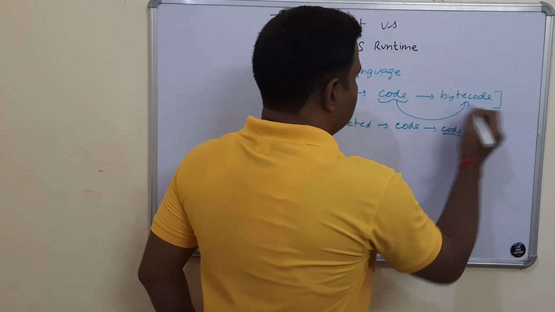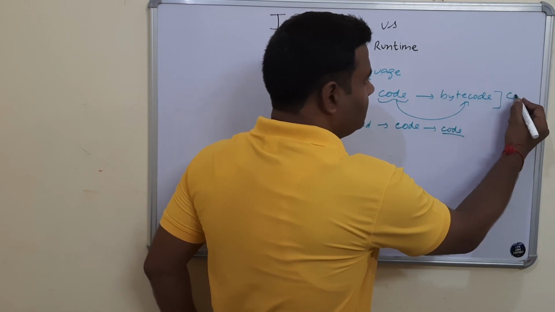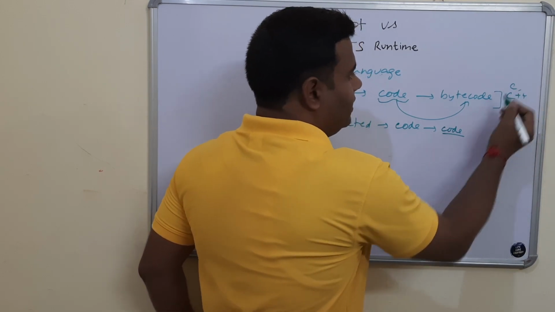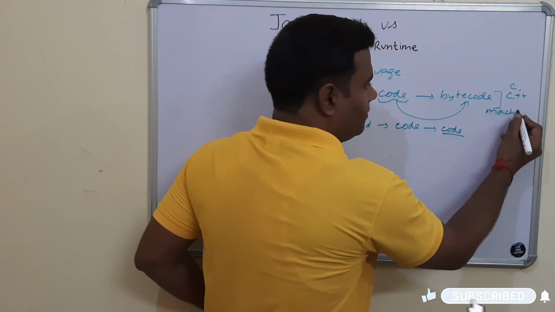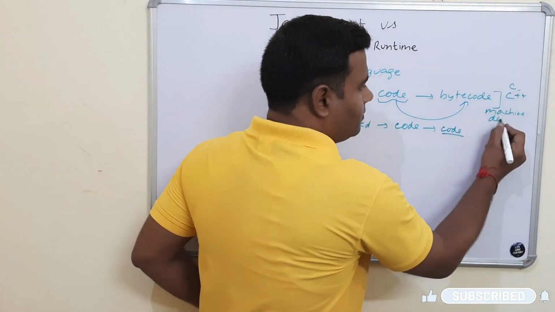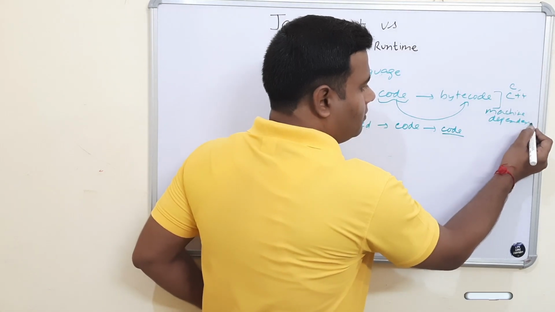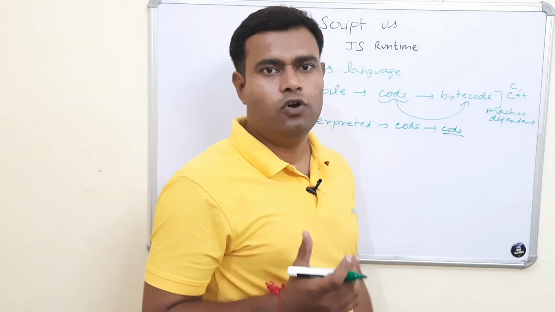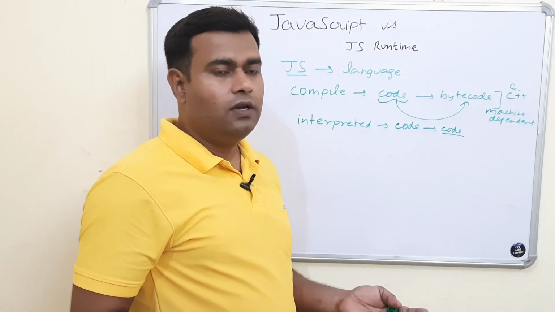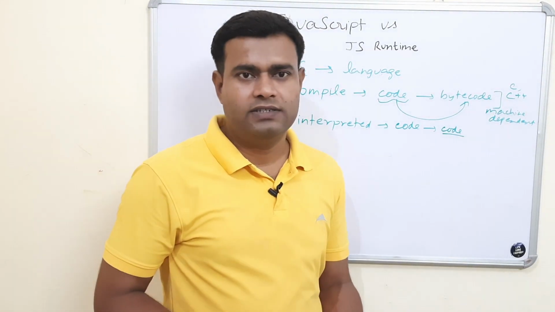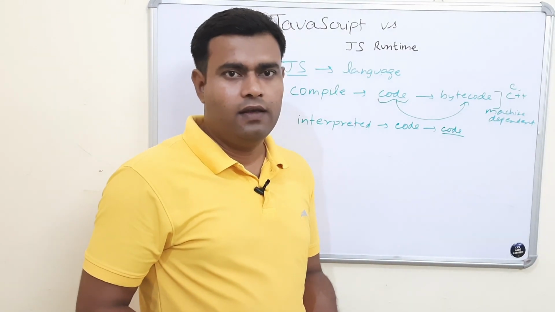The examples of compiled languages are C++, C, right? And these are machine dependent. That means if you are using a Windows laptop or a MacBook or Linux, you have to compile the code separately for each platform, right?